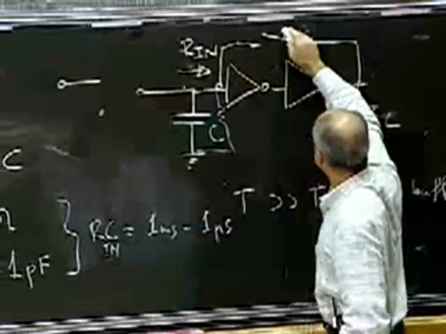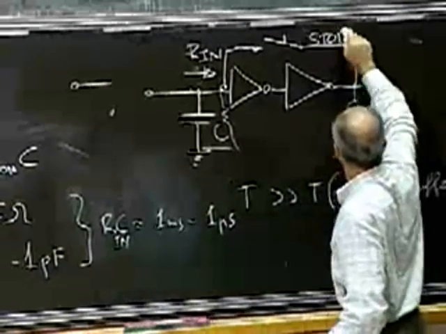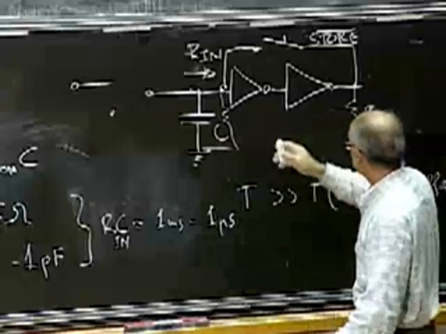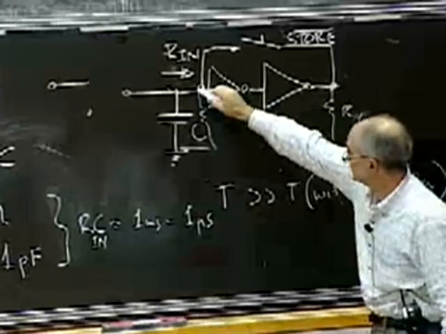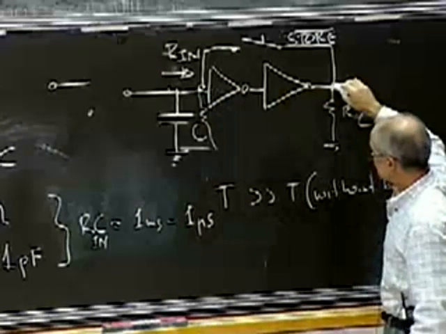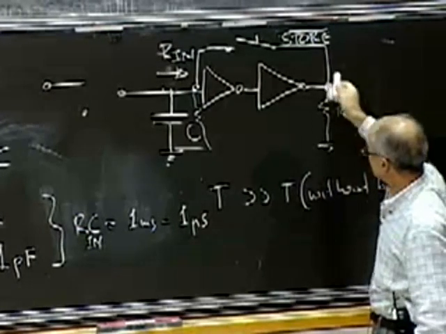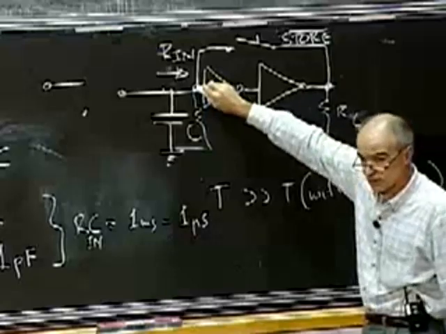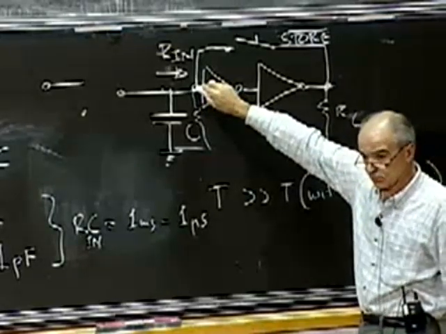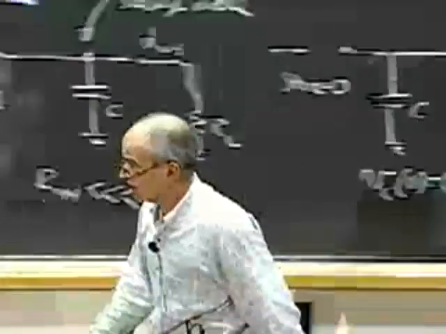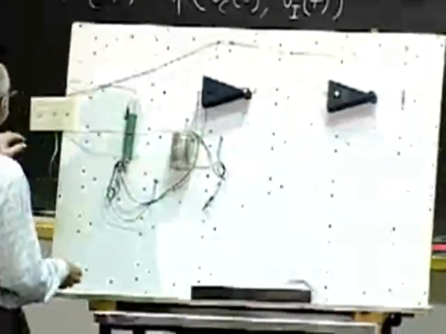So this is basically the complement of store. So what I'm doing now is I put a charge here. It produces a valid 1 at this point, and then I'm feeding this valid 1 back to the input. As you can see, this will now allow me, even though I have a high resistance, to store the value for a long time.